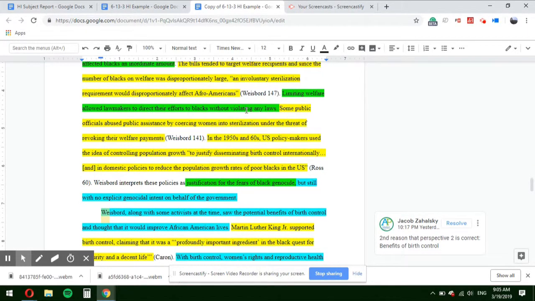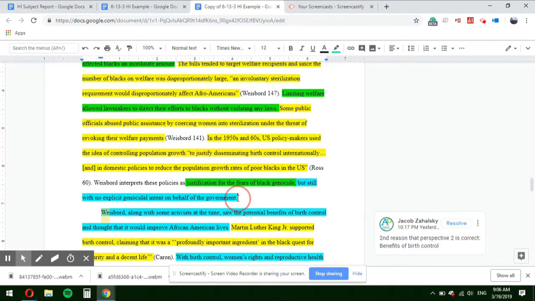Some public officials abused public assistance by coercing women into sterilization under the threat of revoking their welfare payments. In the 1950s and 60s, U.S. policymakers used the idea of controlling population growth to justify dissemination of birth control internationally and in domestic policies to reduce population growth rates for poor Blacks in the U.S. And so this is more evidence for the first perspective, and the student acknowledges that it was justification for fears of Black genocide, but still with no explicit genocidal intent on behalf of the government.